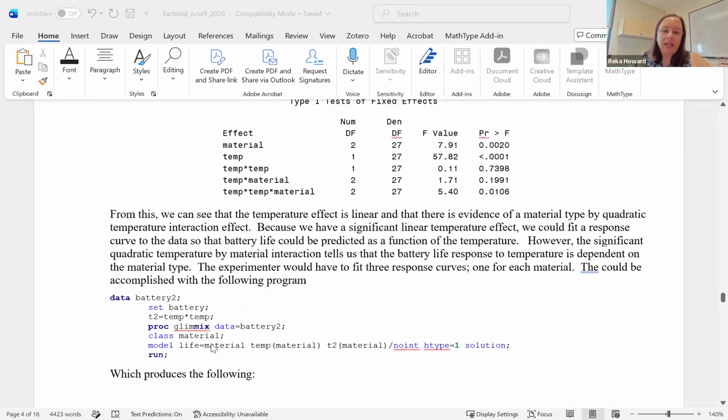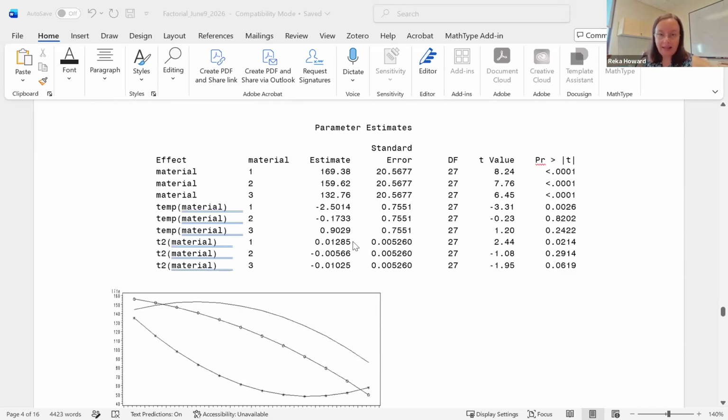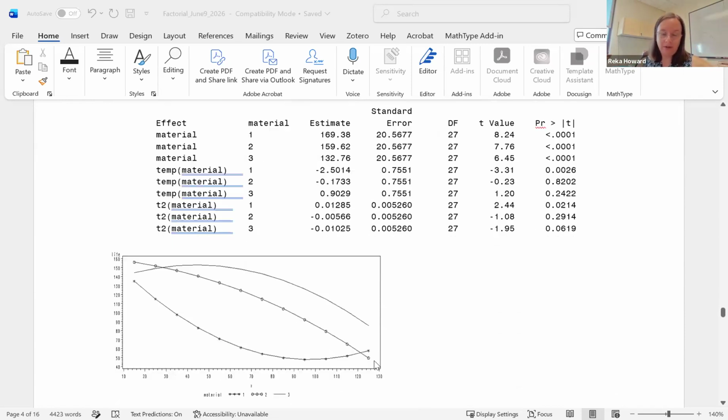So this is just saying what's my final model. Again, don't worry about code. Based on what's significant, I'm including those terms, and then I'm rerunning. Then I get estimates, and based on the estimates, I'm creating this plot. What's this plot? It's just the estimates for the battery life. On the y-axis, we have the battery life.